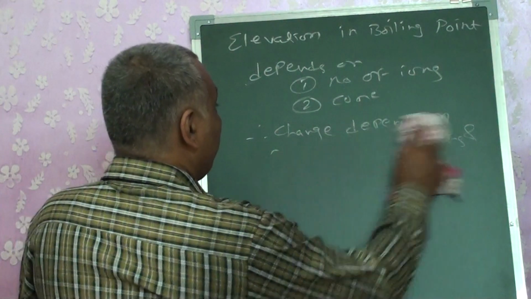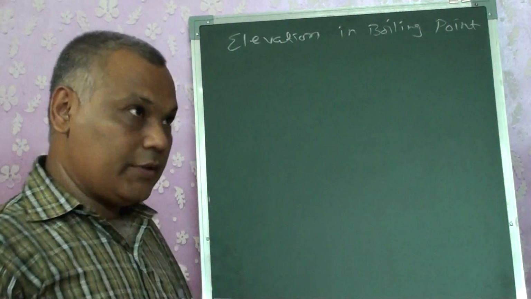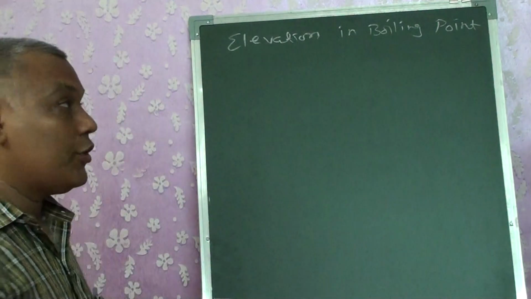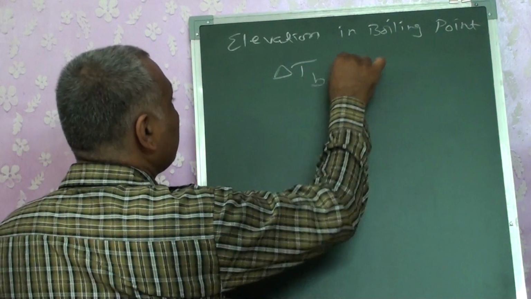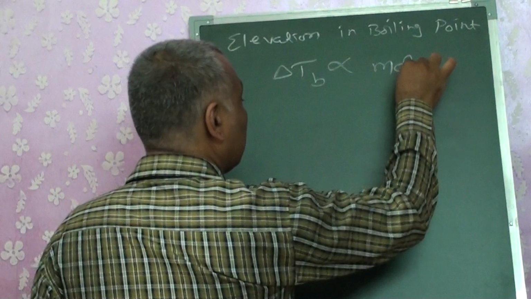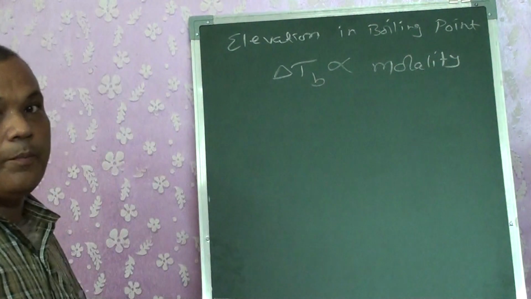Now, the derivation, the formula through which the elevation in boiling point can be calculated: delta Tb is proportional to molality, small m.